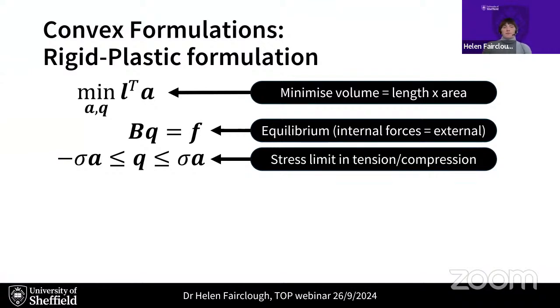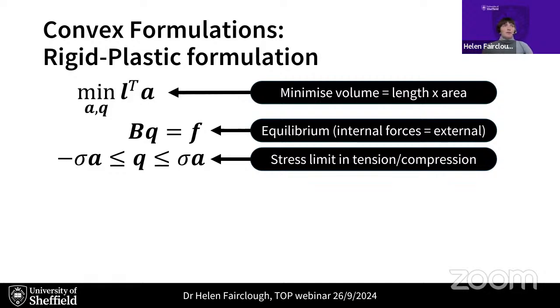Probably the most common formulation that you'll see, the one that people tend to start from in truss optimization, looks like this. Our problem has variables A and Q, the cross-section areas and axial forces for all those different bars in the ground structure we saw before. We're minimizing a volume that we calculate with length times area for each bar, subject to our constraints on equilibrium.